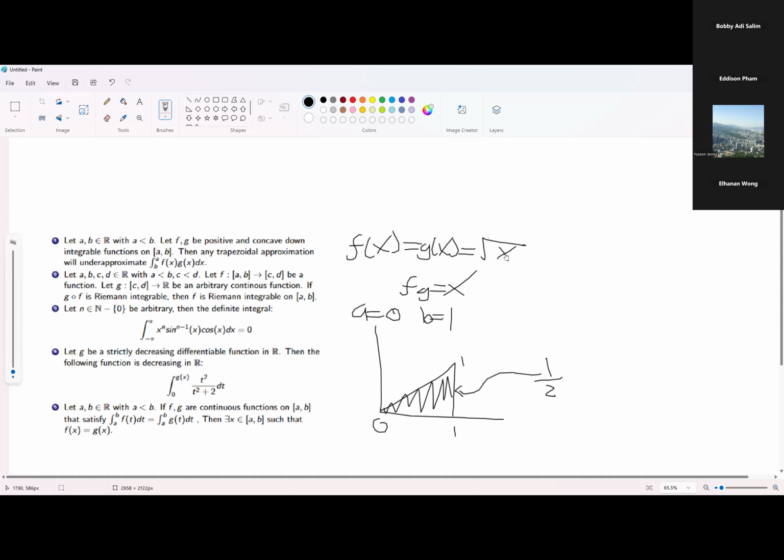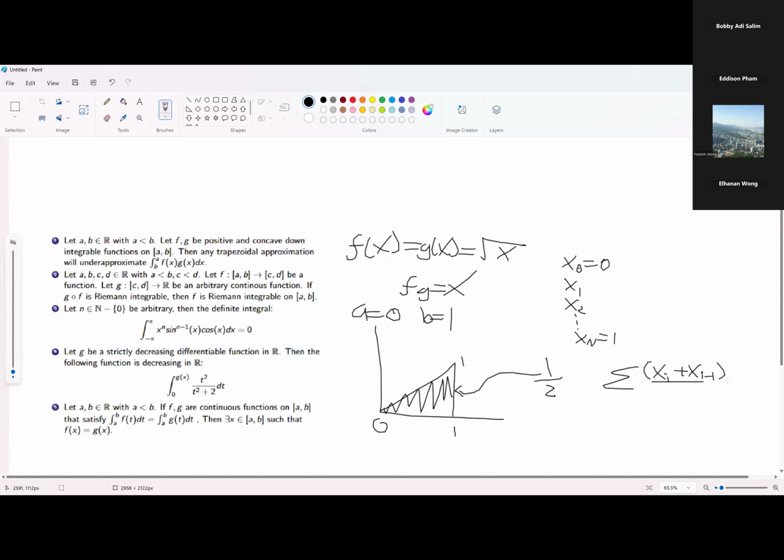But we also know, by the trapezoidal approximation, let me show you guys. We know x0 is equal to 0, and let's make it an arbitrary partition, so x1, x2, up to xn is equal to 1. If we put all of this into a summation, recall that the trapezoidal approximation is the following.